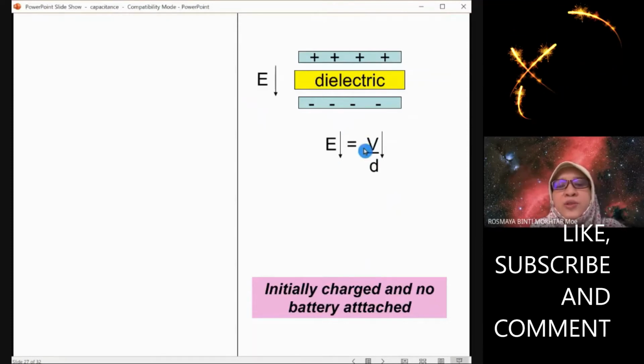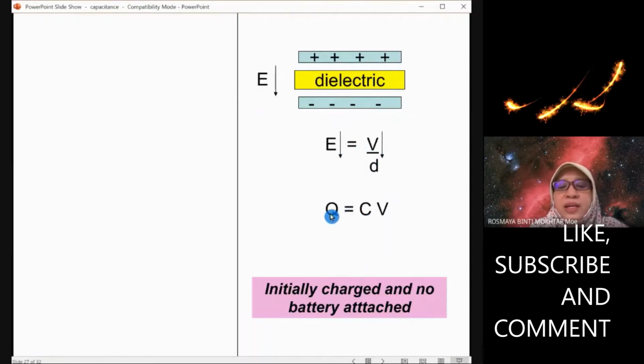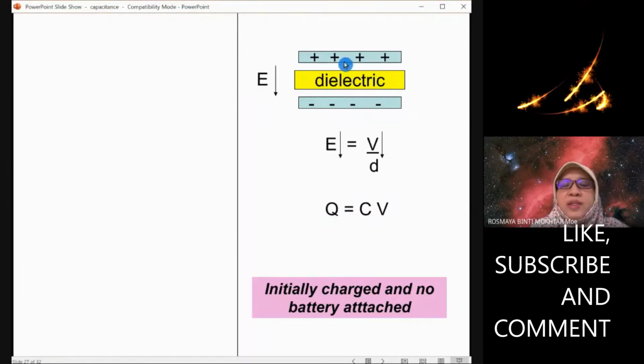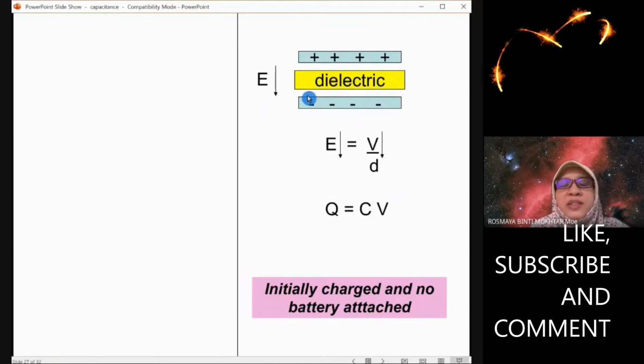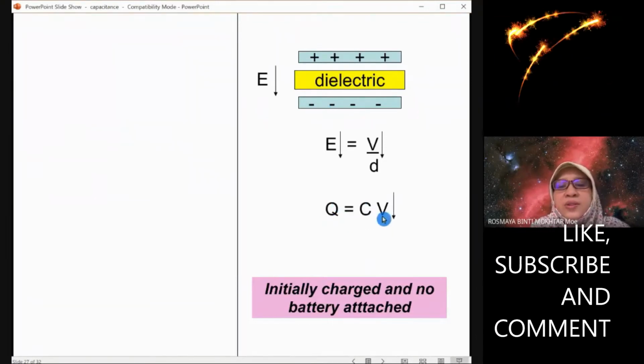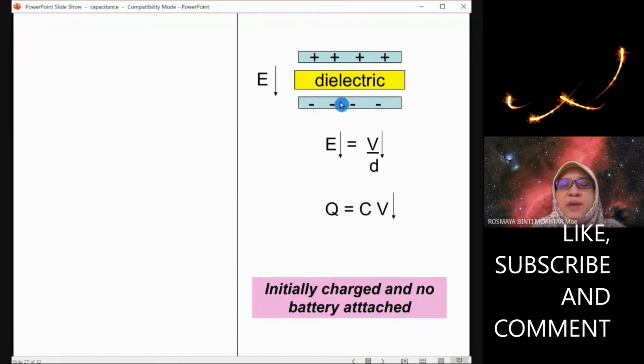Now we continue in today's lesson with Q equals CV. Q is the charge stored in the capacitor, which we initially charged with the battery attached. Now we have taken the battery out, so Q remains constant. When V decreases, Q remains constant because the charge in the capacitor cannot run anywhere; it remains on the metal plate.